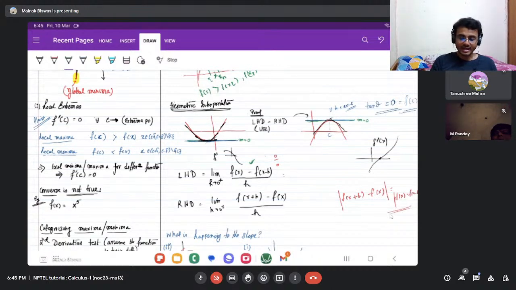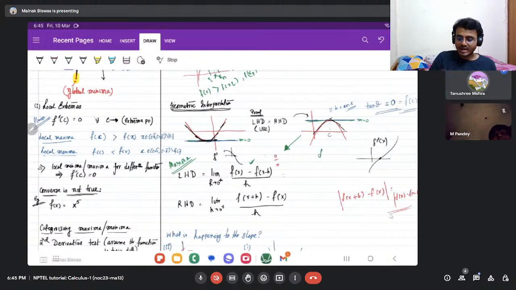I am choosing, let's say, this function where it is increasing. Go ahead. On the left side it will be positive only. So on the left hand side, f of x is greater than f of x minus h, right? I am considering for maxima on the left hand side.